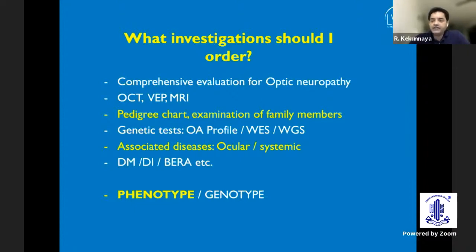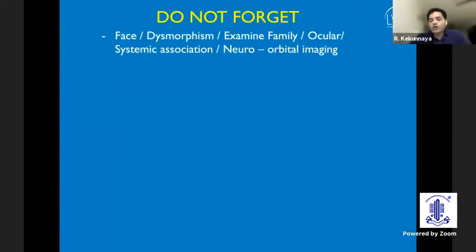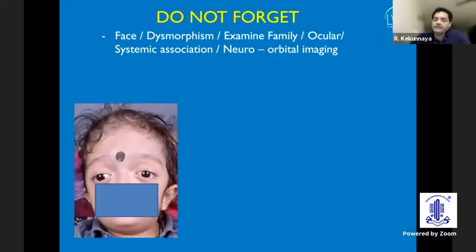I put phenotype in bold letters. That is more important than genotype. And obviously for the diagnosis, both are important. So always don't forget face, dysmorphism, examine family, rule out ocular and systemic association. Neuro and orbital imaging.